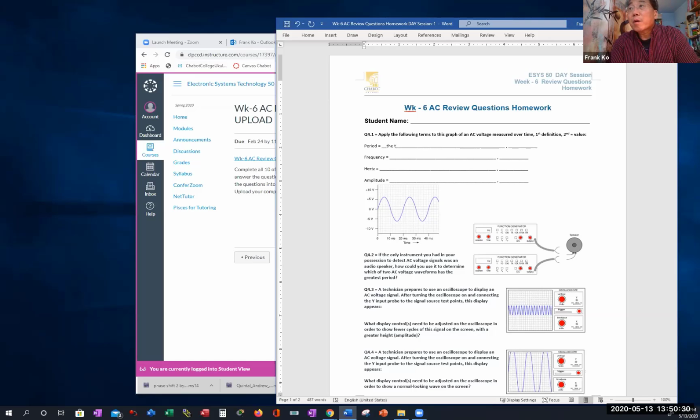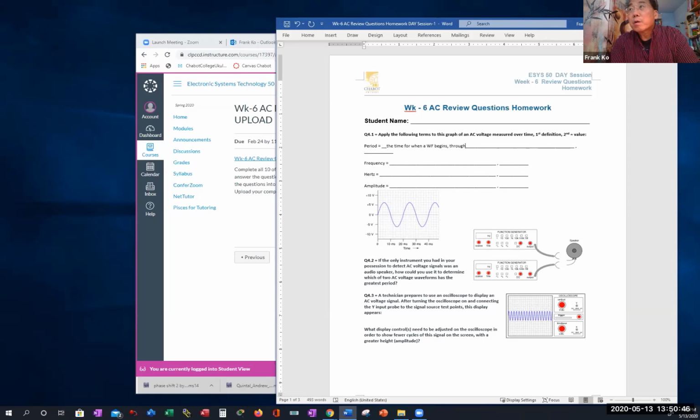The time it takes for the wave to complete one cycle. The time where the waveform begins, and then through its rotation, comma, to where it begins to repeat itself.